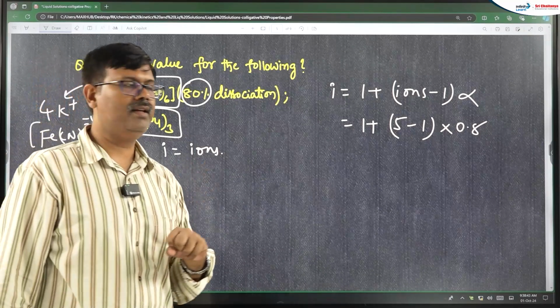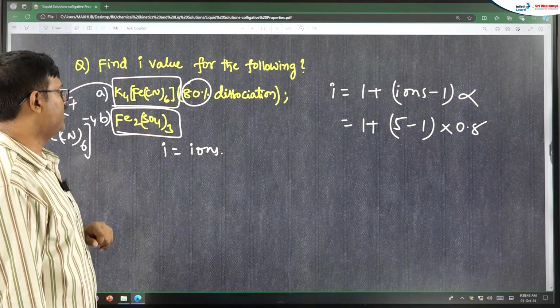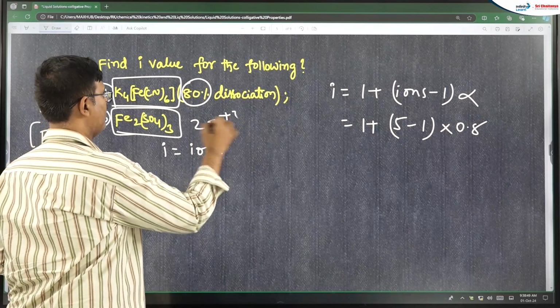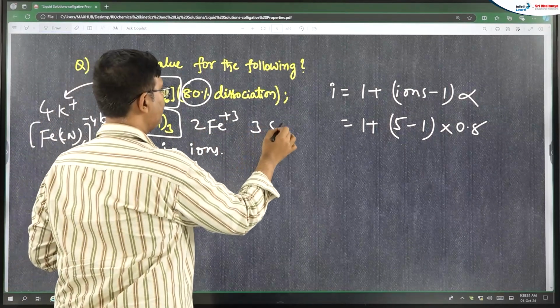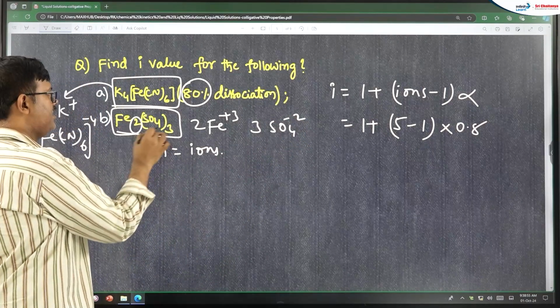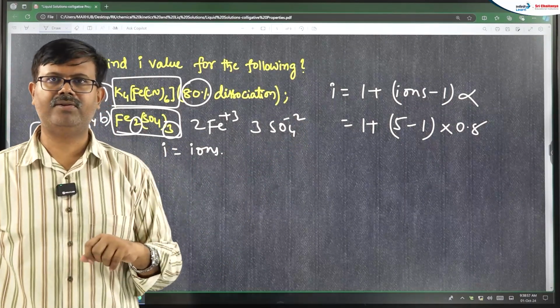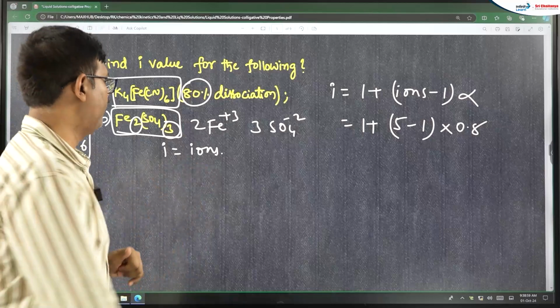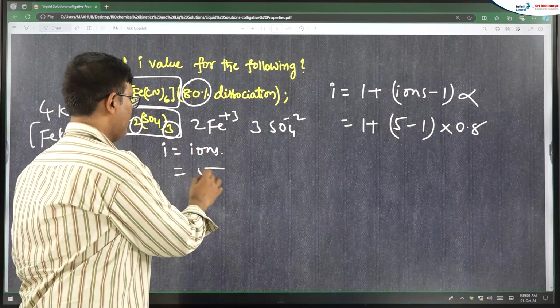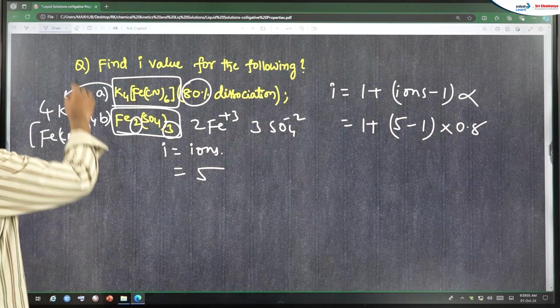How many ions are there in this Fe2SO4 thrice? 2 iron ions and 3 sulfate ions, total 5. Therefore, the answer is simply 5. Like this you have to calculate.